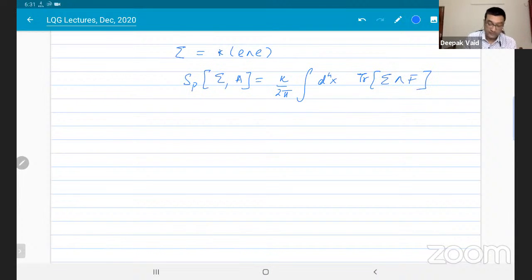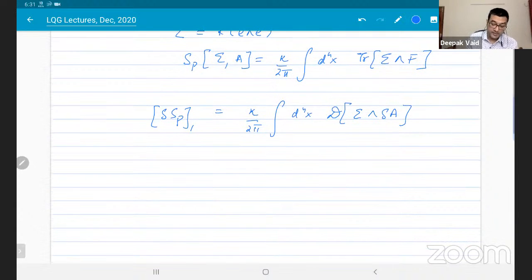Now when I perform the variation, I get this boundary term, which I'll call SP1.